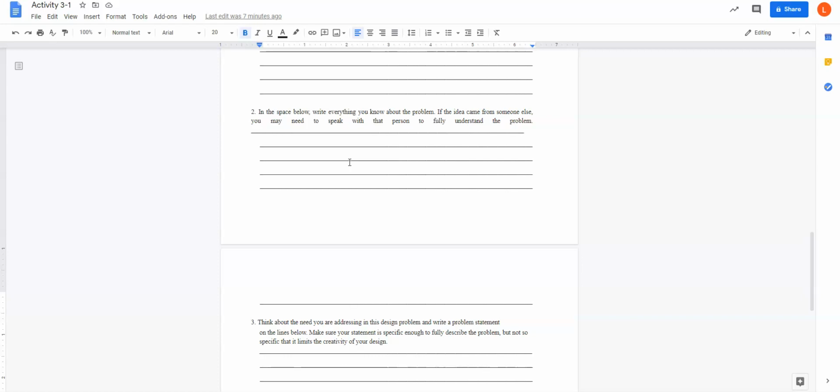If you are familiar with the show Shark Tank, a lot of times people will watch the show and be amazed and like, wow, why didn't I think of that? Well, it's because you're not looking for those problems. The people that went on that show actually were having problems with something and decided to come up with a solution. They went through these same processes.